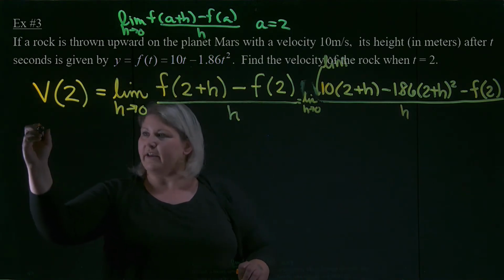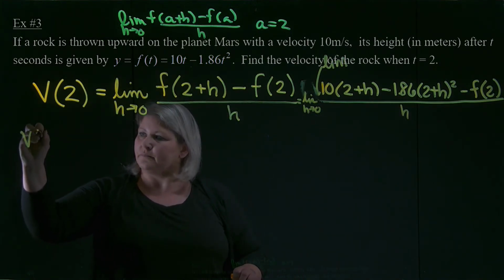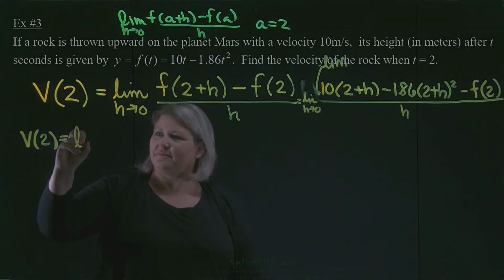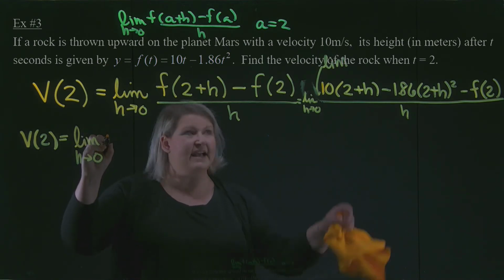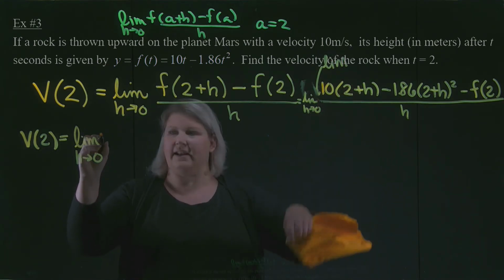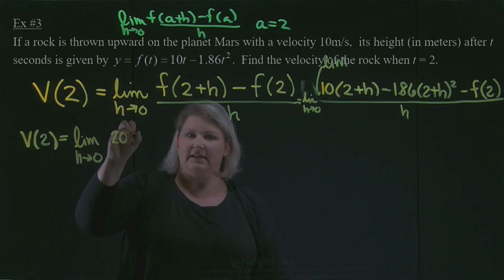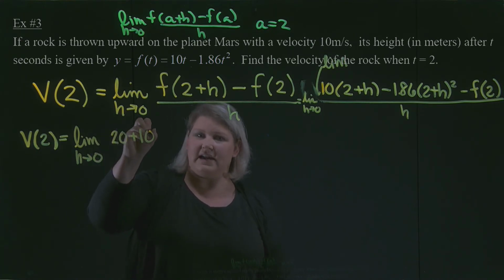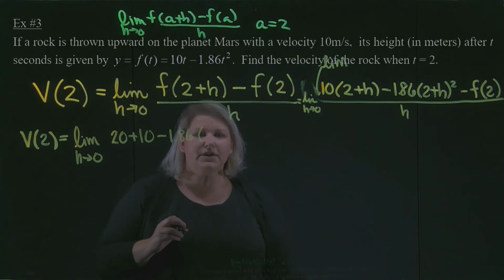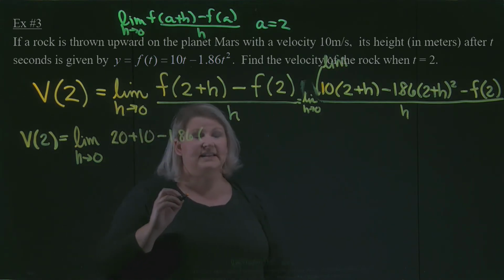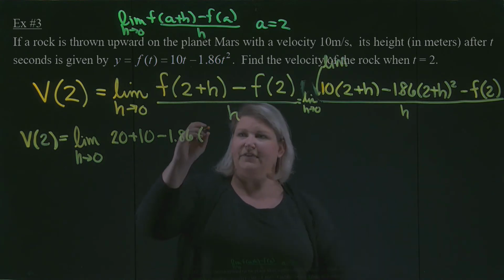All right, let's do some evaluating. We're going to distribute out the 10 over here, so I'm going to get 20 plus 10h. I'm going to distribute out the 1.86 in a second. I'm going to square this first.